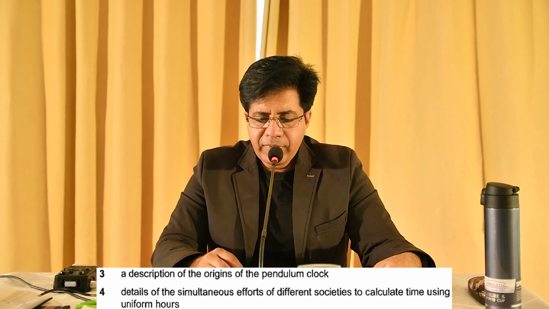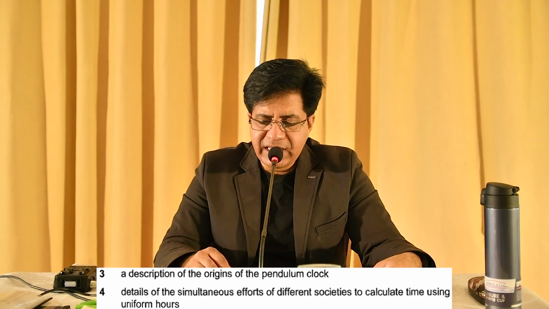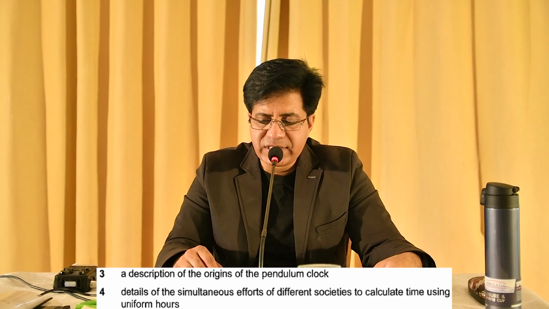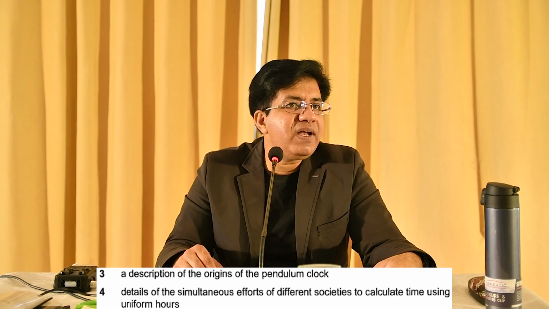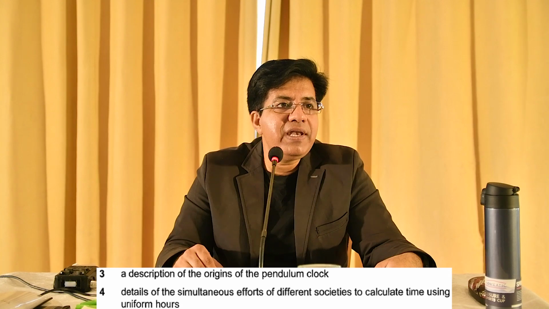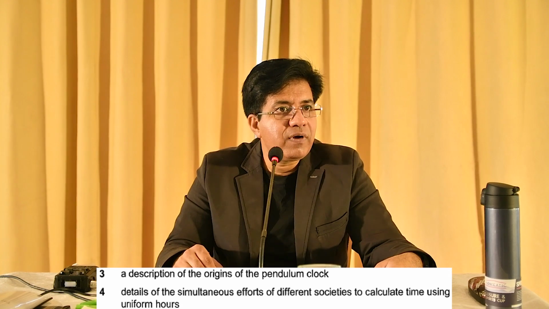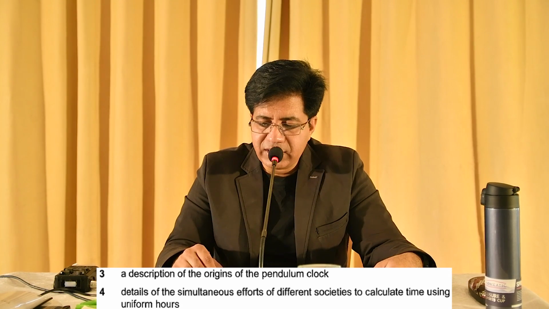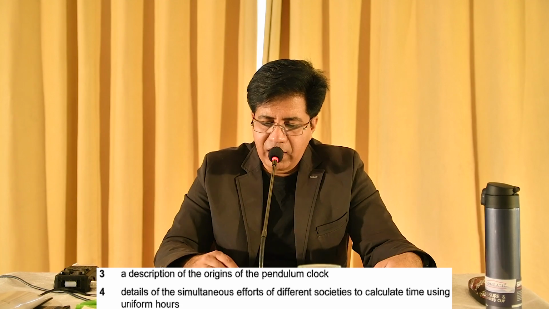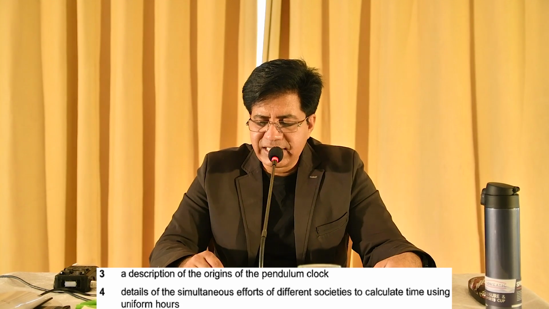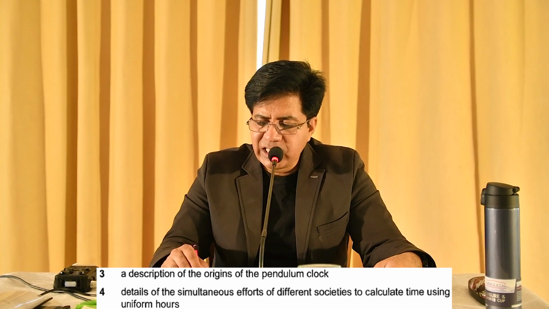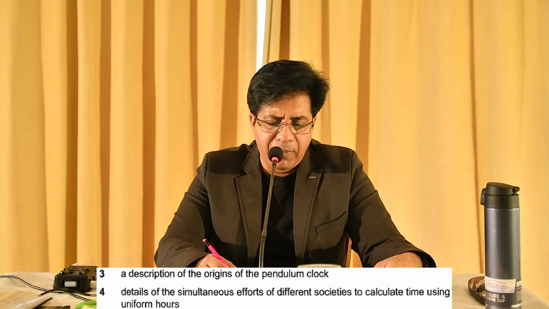Question number 4. Details of simultaneous efforts of different societies. Now listen, for different societies, they can use the names of the countries: France, Europe, America, Africa, and all that. Details of the simultaneous efforts of different societies to calculate time using uniform hours.